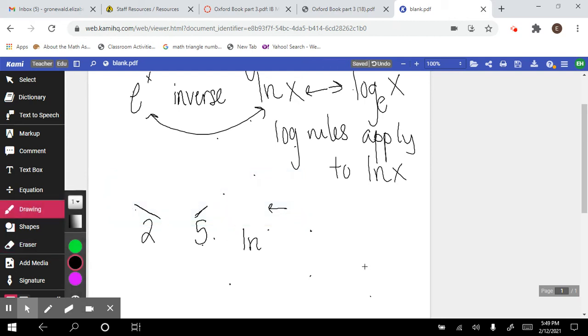We have a to the m over a to the n, and you would subtract those two with the exponent rules.